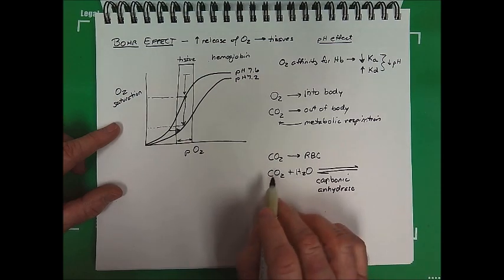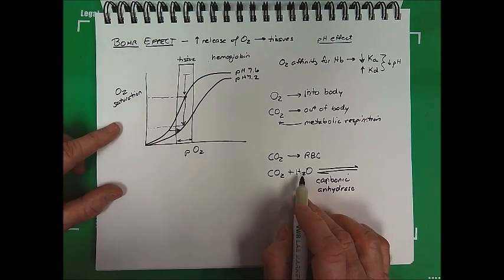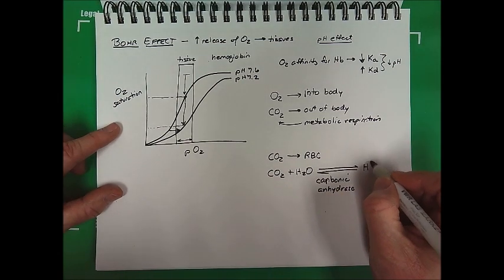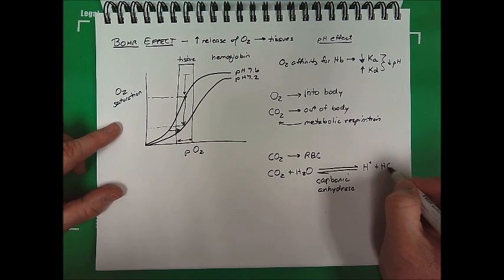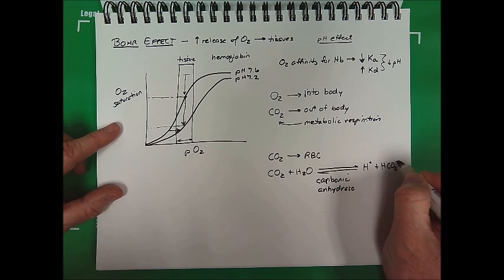Carbonic anhydrase will take CO2 and water and combine them to form a proton plus a bicarbonate ion.